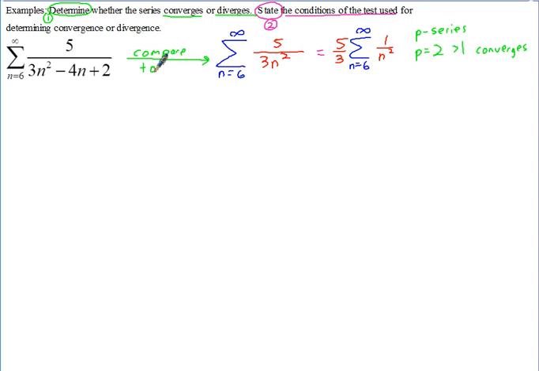And with a limit comparison test, remember what you have to do is find the limit as n approaches infinity of our original one, 5 over 3n squared minus 4n plus 2, the ratio of that divided by the one we're comparing it to, 5 over 3n squared.